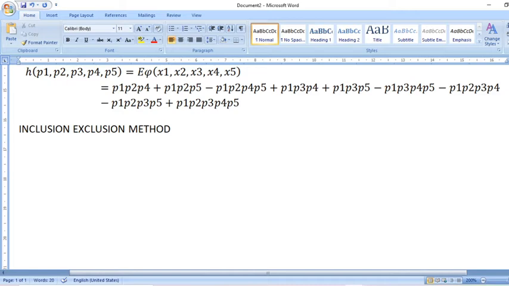You know that if any one of the minimal paths is working, the system will be working. Suppose Er represents the event that the rth path is working. So what will be the reliability, the probability that the system is working?